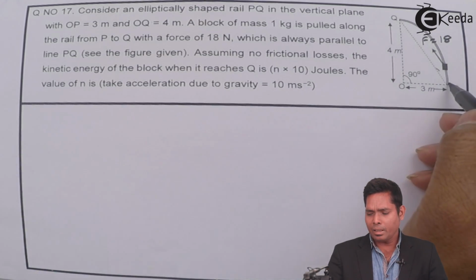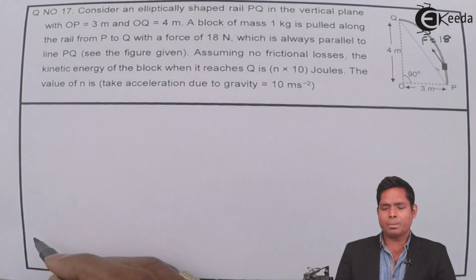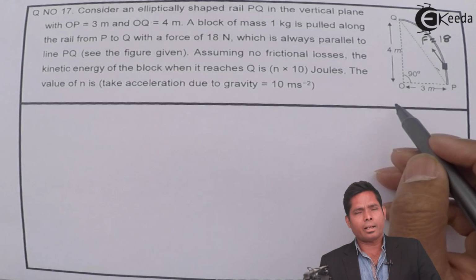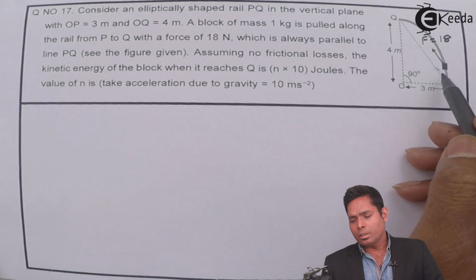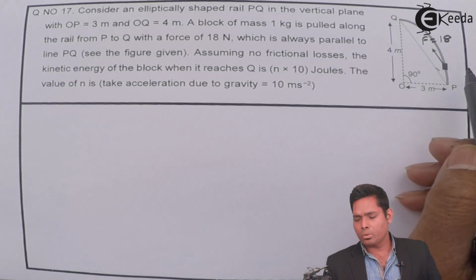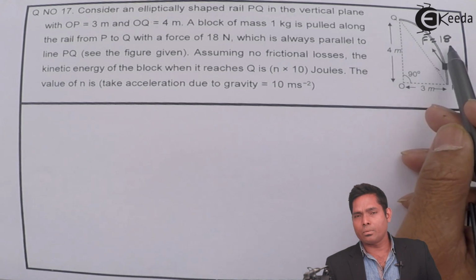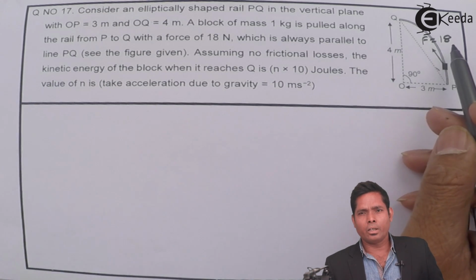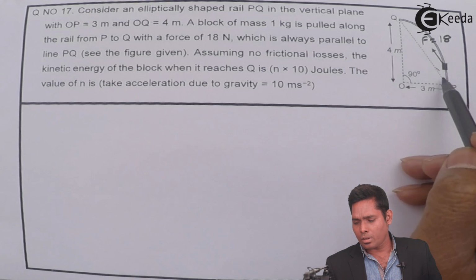This PQ direct line is called the displacement, and the force acts always along the displacement during its motion from P to Q, and that force is constant, which is 18 Newton.